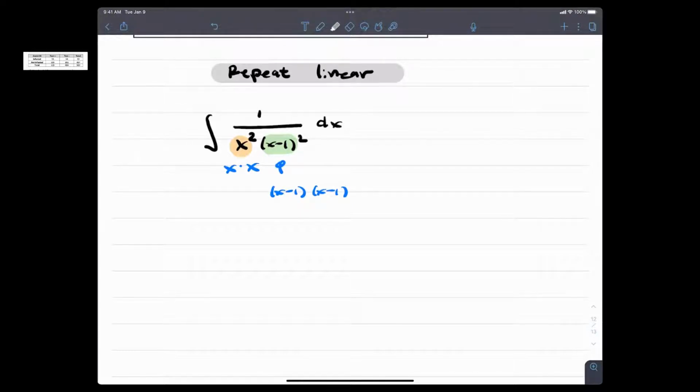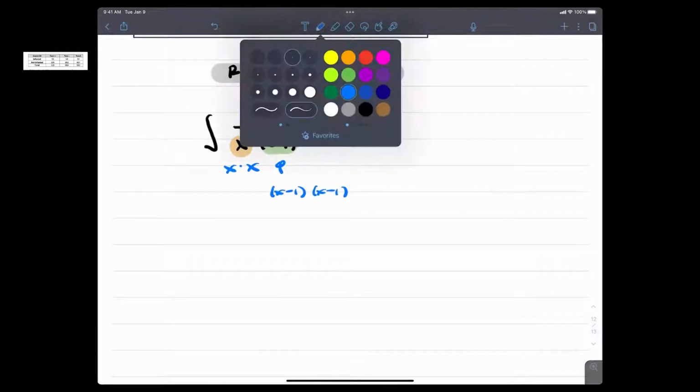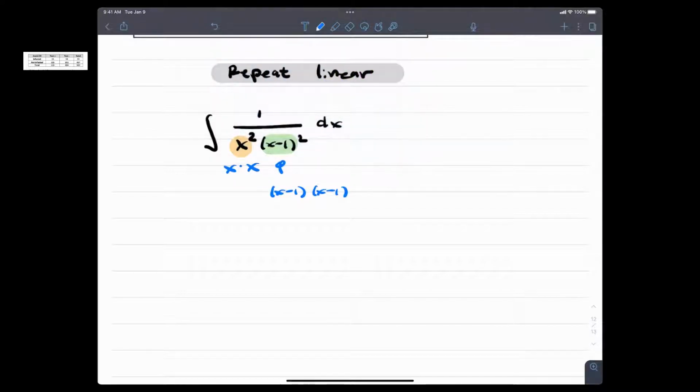Okay, so like the repeat quadratic, we looked at a repeat quadratic. I want you guys to note how we do that. Your book's going to say something like this. I'm not going to go back with that language.